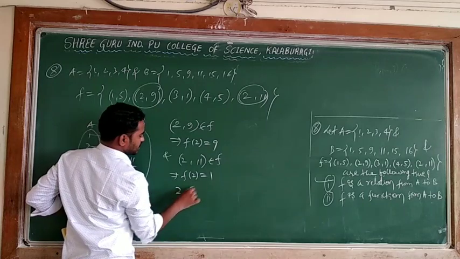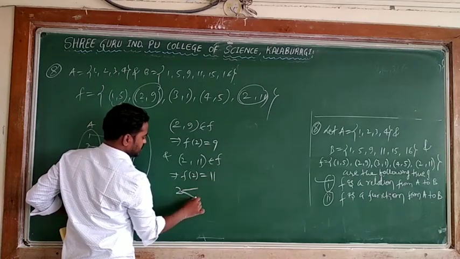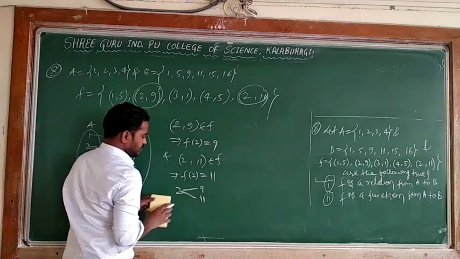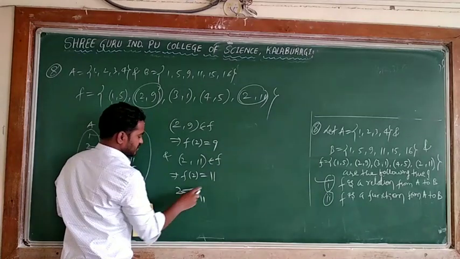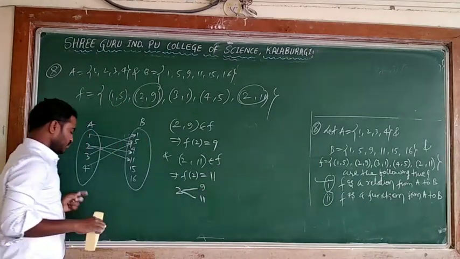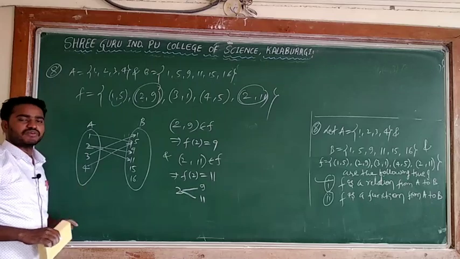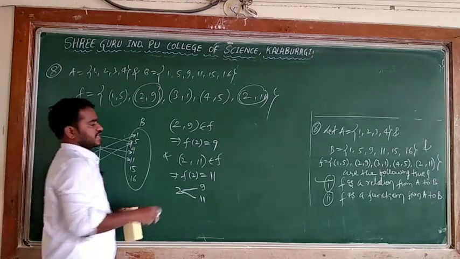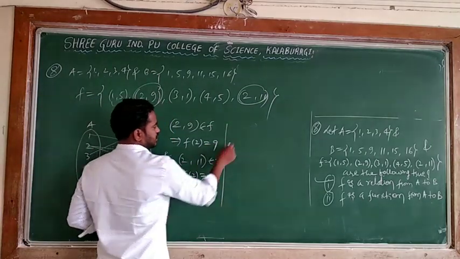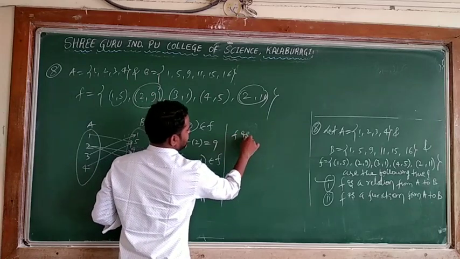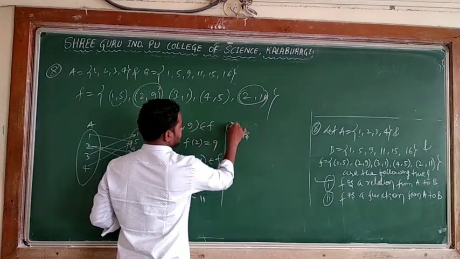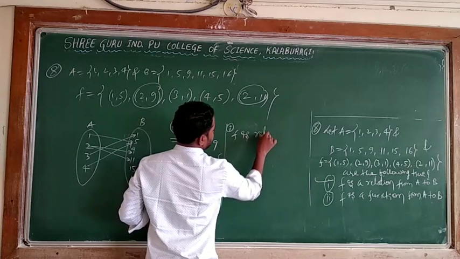So 2 is connected to 9 as well as 11. Is it a unique image? It doesn't have a unique image. Therefore, f is a relation.